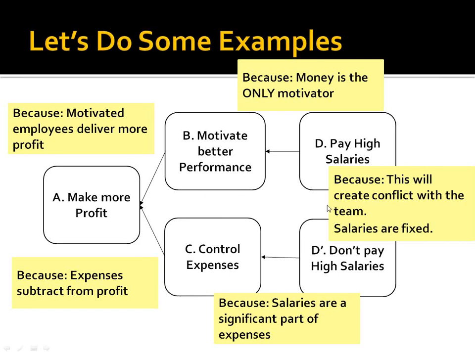It depends on what kind of position we're talking about, but pay based on the sales they bring in, for example. So pay a commission on sales. On the one hand, I can control expenses because I have some portion of the salary fixed, a kind of base salary that's fixed, so I can control it, and I can motivate performance because some portion of the salary will be paid based on how they do.